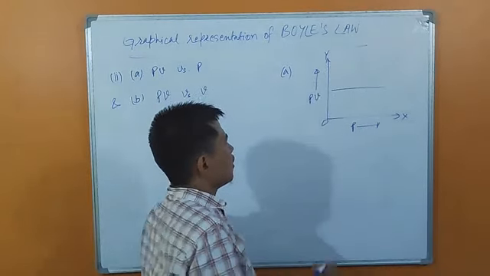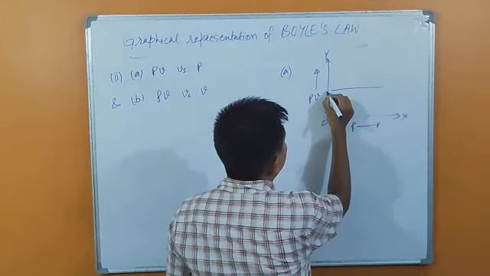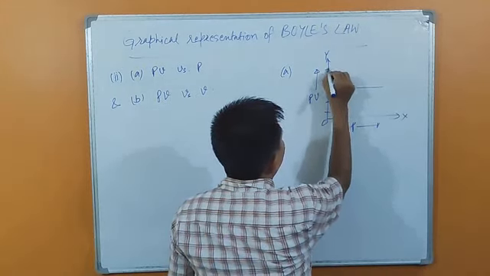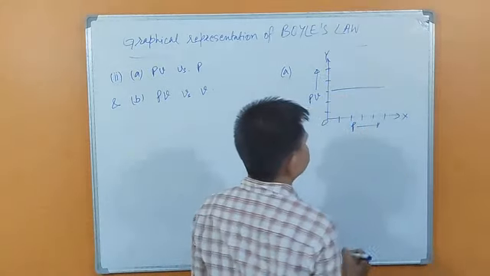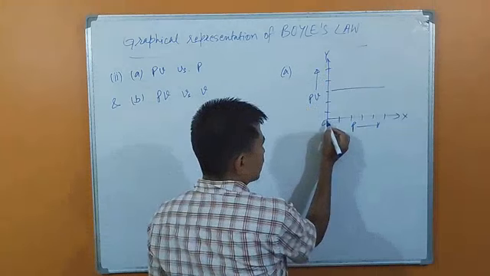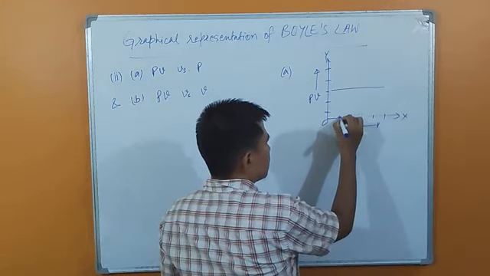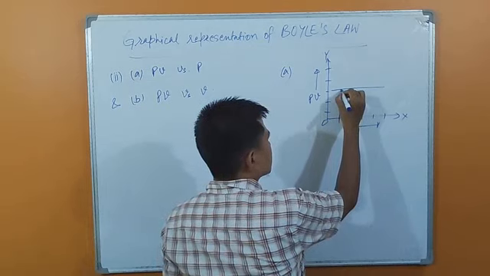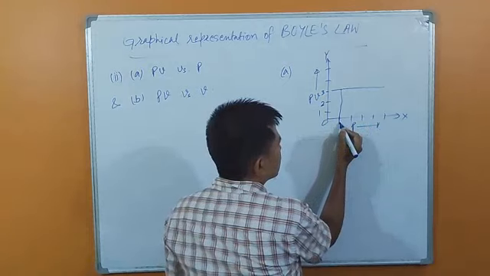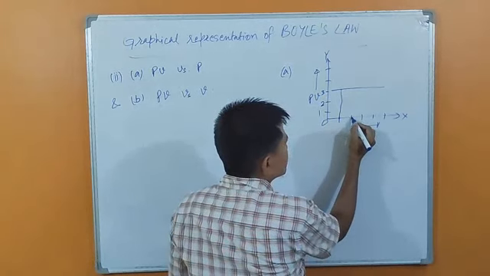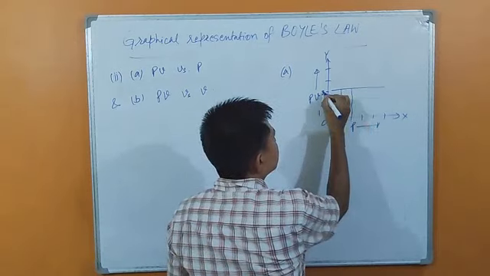Okay. Now let us see. When the pressure was 1, the product of pressure and volume was how much? 3. When you increase the pressure to 2, the product of pressure and volume became 3.